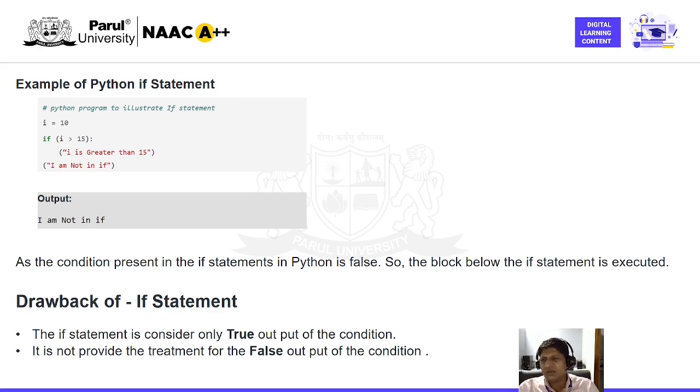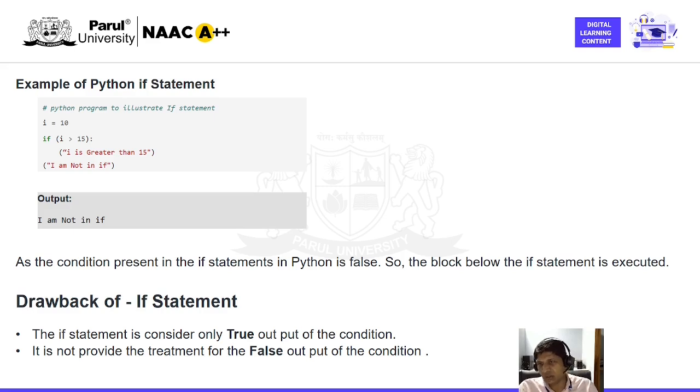I equals 10. If I is greater than 15, the value of I, which is already initialized, is 10. Since the value of I is not greater than 15, I am not in the if block.